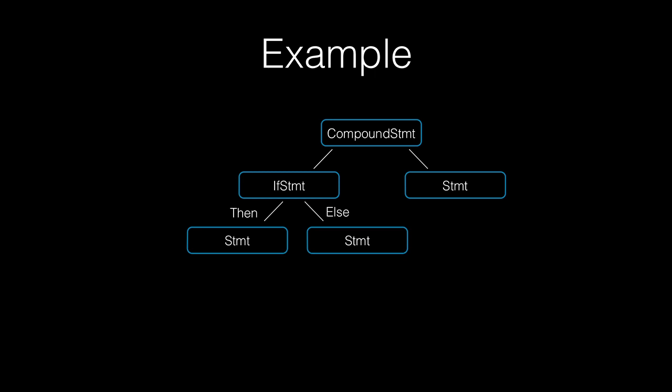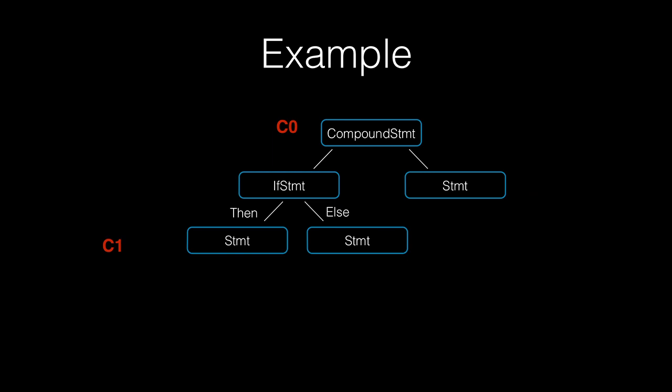And here's an example of that. Similar thing, just a compound statement with an if statement and another statement after it. C0 at the beginning. For the if, we only need a counter C1 on the then block because the else block can be computed as C0 minus C1.